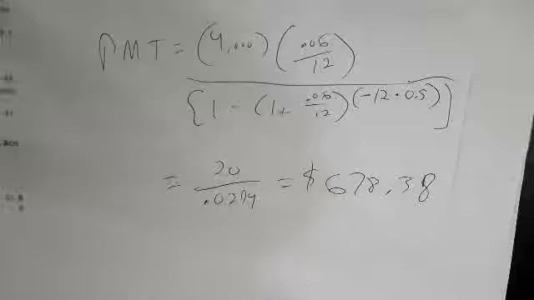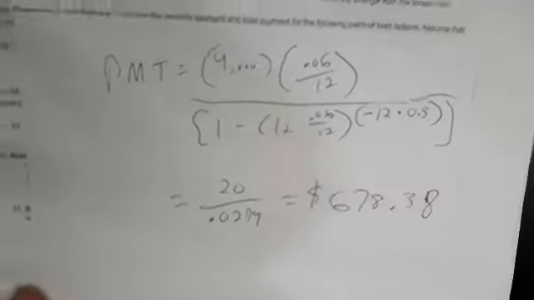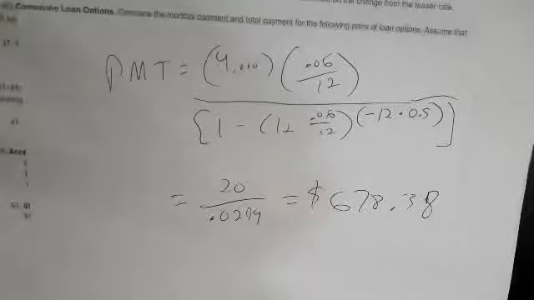This one's even, they don't even tell us how to do it. So I got 2. 4,000 times 0.0005 is 2. I don't understand. 6 divided by 12 gave me 0.0005, times 4,000 gave me 2. Just 2. This should be loan payment, right?